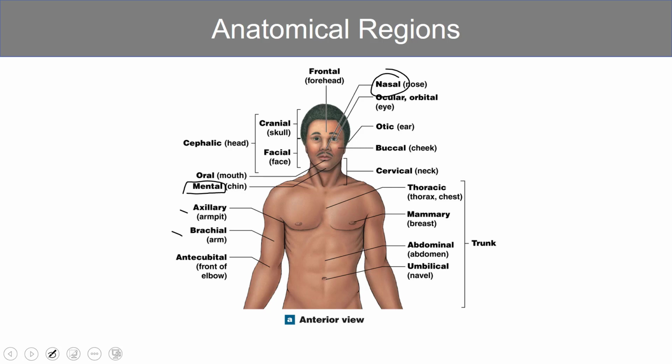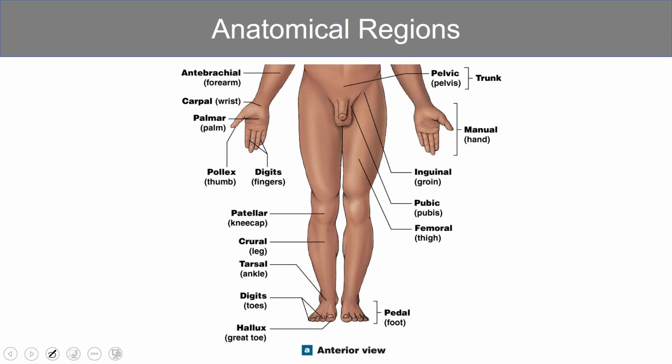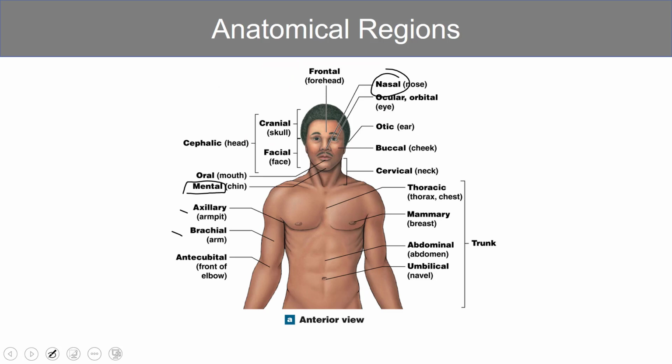They're going to come up time and time again, so getting them down early makes a great foundation for the rest of the semester. So I'm not going to spend any time going over this, but I do need you to work on memorizing all of this terminology. And these are referred to again as anatomical regions. So on an exam, I may ask, what is an anatomical region? And that's what I'm referring to, all these terms.